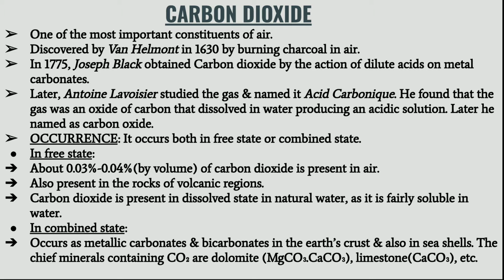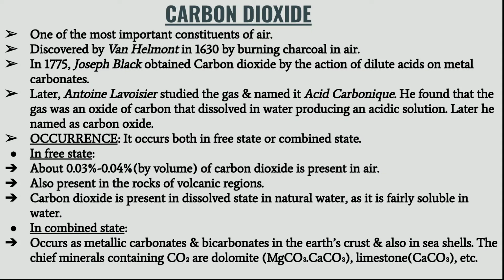In the combined state, it occurs as metallic carbonates and bicarbonates in the earth's crust and also in seashells. The chief minerals containing carbon dioxide are dolomite and limestone: dolomite is MgCO3 and CaCO3, and limestone is CaCO3, calcium carbonate.